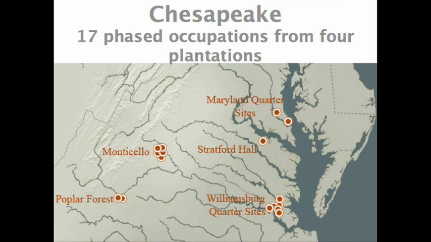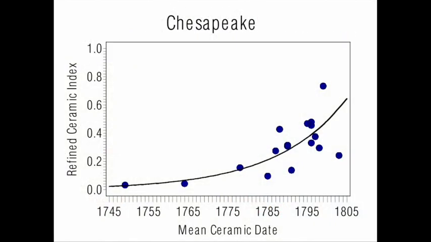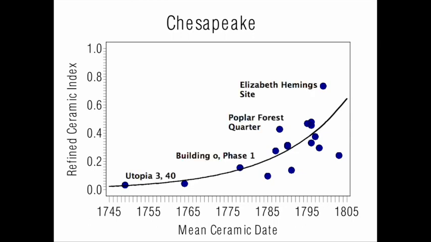Okay, I'm going to show you some plots, but I'm going to try to put people behind them so you can see. This is a plot of the discard of refined earthenware and porcelain ceramics through time. Each one of these dots is a site, and behind each site is a household of enslaved people.